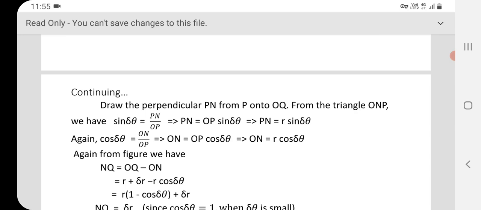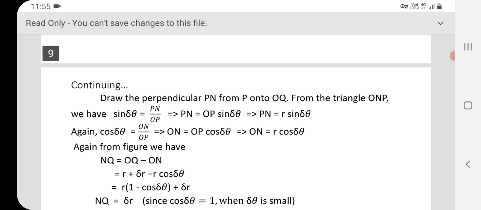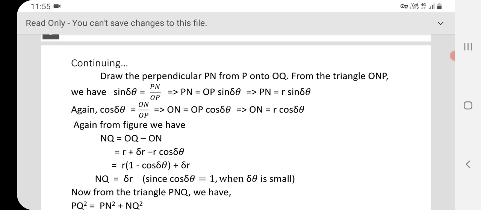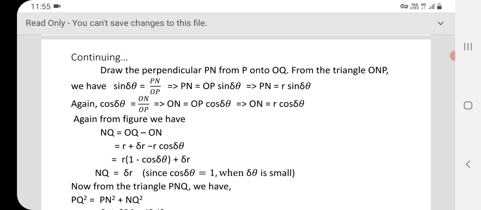Therefore, from the triangle ONP, we have sin delta theta equals opposite side by hypotenuse, that is PN by OP. It follows that PN equals OP into sin delta theta. This OP is nothing but the radius vector, that is r. Hence PN equals r into sin delta theta.